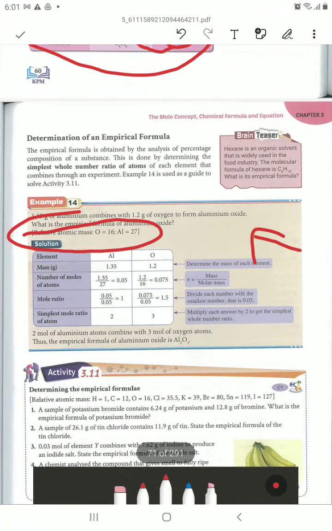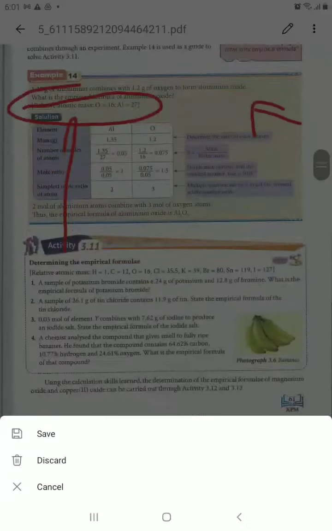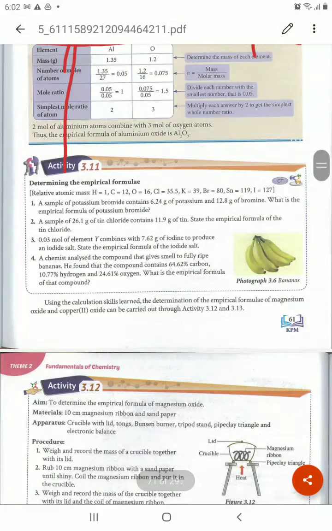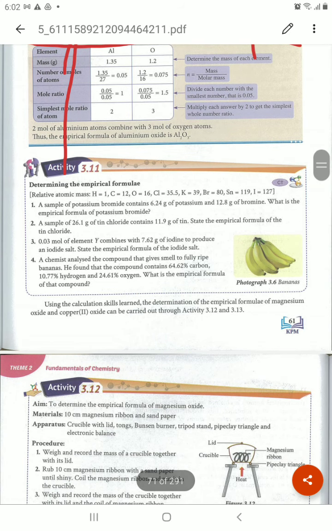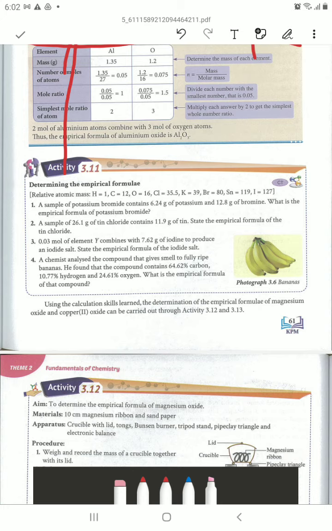Okay, let's see another question. Let's see activity 3.11. This question number 1: a sample of potassium bromide contains 6.24 gram of potassium and 12.8 of bromine.